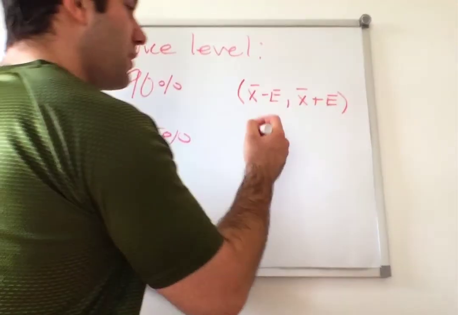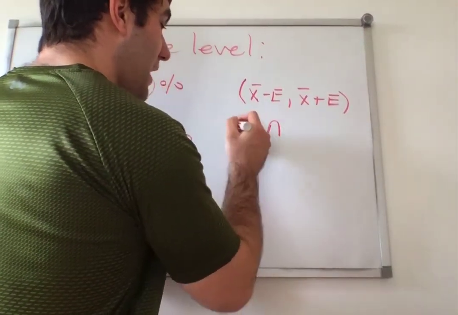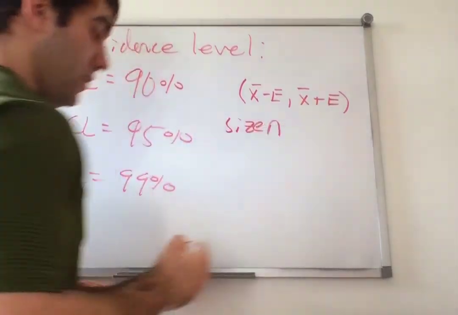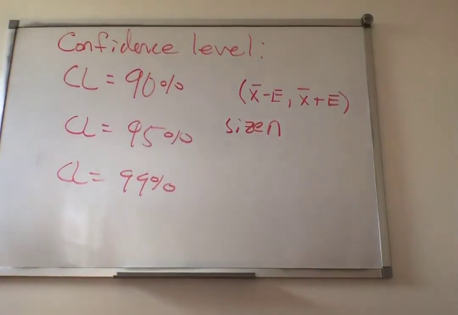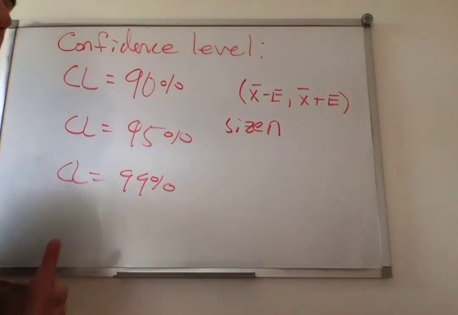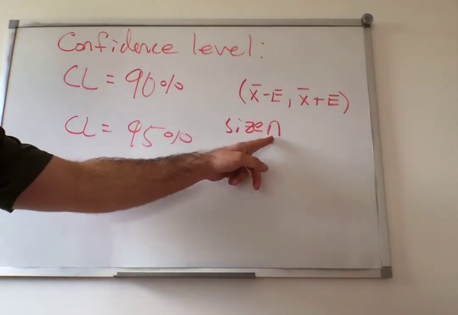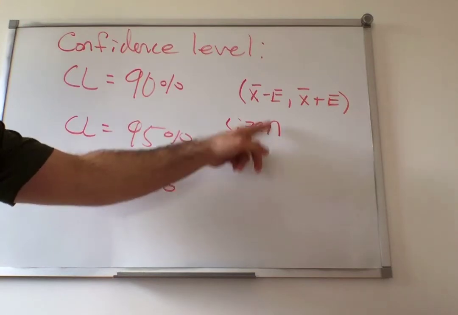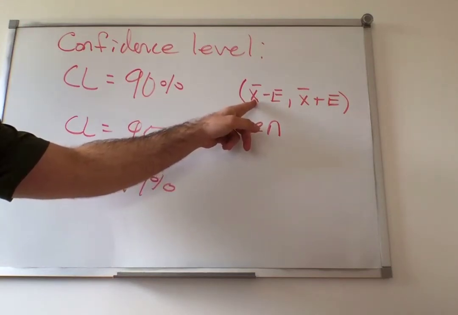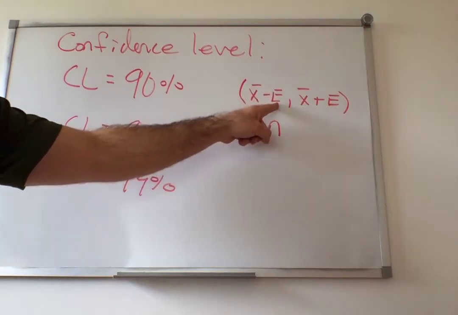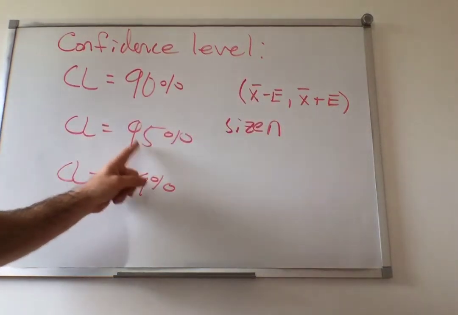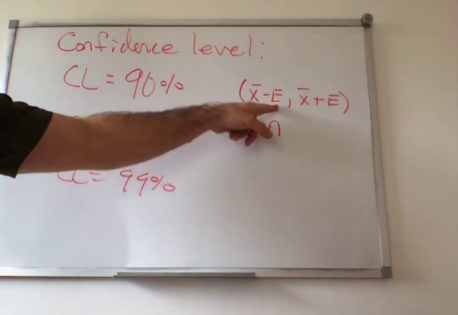Remember when we did this, we had a sample size of size n, okay? Now, according to the central limit theorem, if we keep taking samples of size n, our means will form a normal distribution, okay? Now we use a mean to make a point estimate. We calculate some error, which is dependent on this number, but we calculate some error and we make an interval.